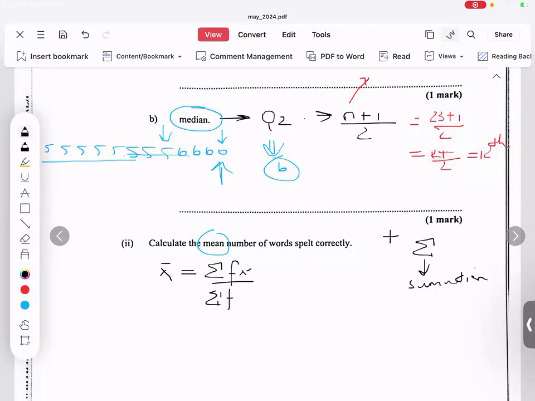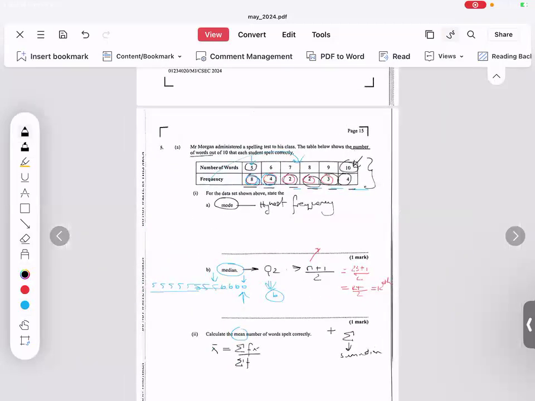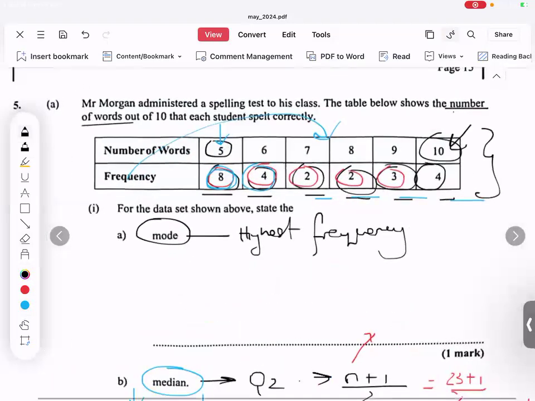Okay, so here's how we're going to have to find the mean now. First thing we have to do is to calculate. Basically, we had 8 persons spelling 5 words correctly. So between those 8 persons, how many words did they spell correctly?